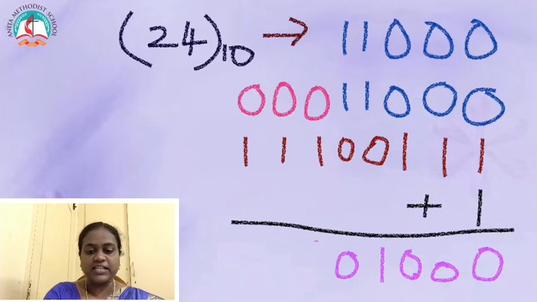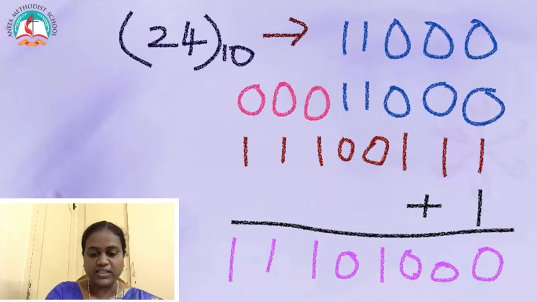Then I am converting ones into zeros and zeros into 1. That is my 1's complement. Then I am adding 1 to the least significant bit. When I add, the result is 11101000. So this is my 2's complement.